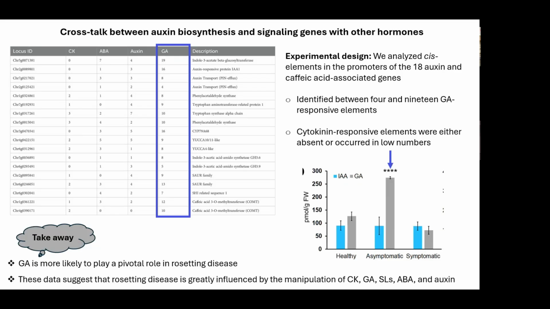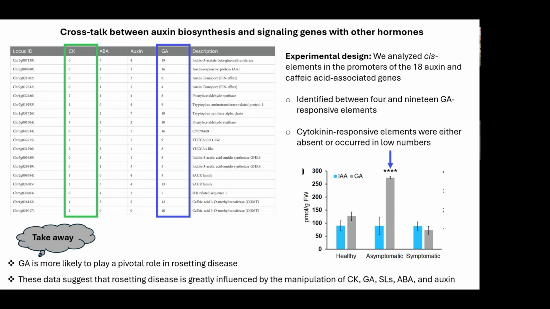And as you can see again in the qPCR which I've shown before, the GA levels are higher in asymptomatic, where we have the shoot, compared to symptomatic. And when you look at cytokinin, the cis elements are either 0 or just 1 to 3.